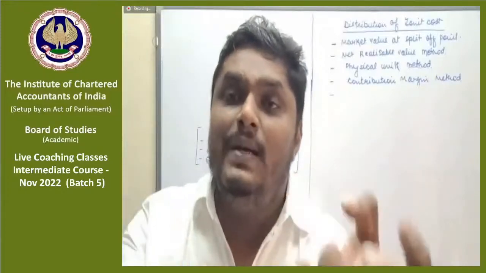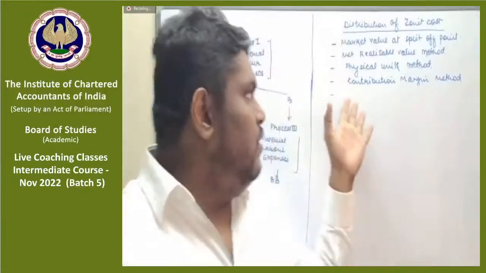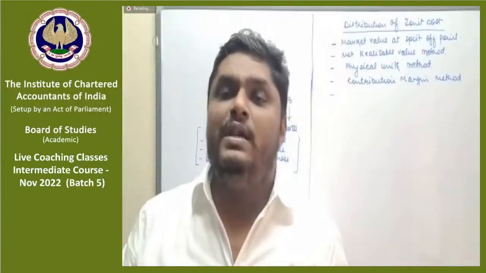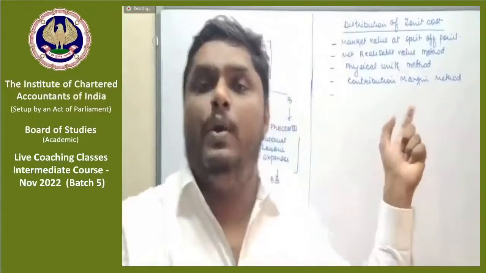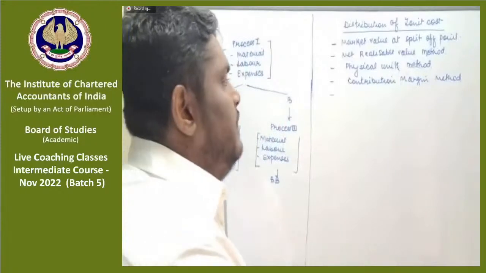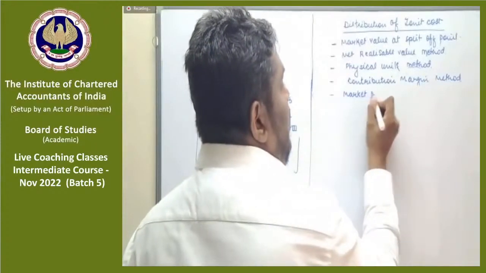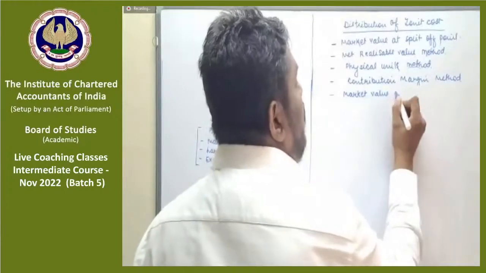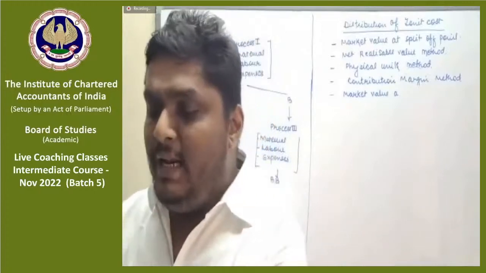We will always have the market value of double A and double B given. So if nothing is given in the question, or if it is specifically specified in the question to apply this method, this method will be applied. That is the market value of the final product.